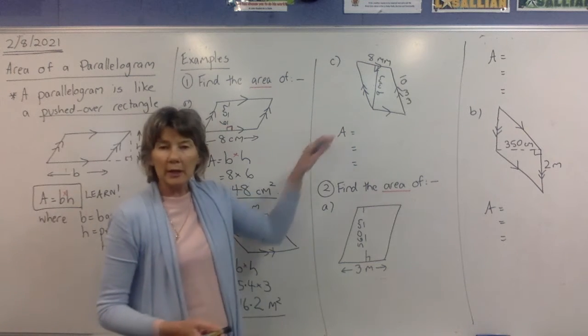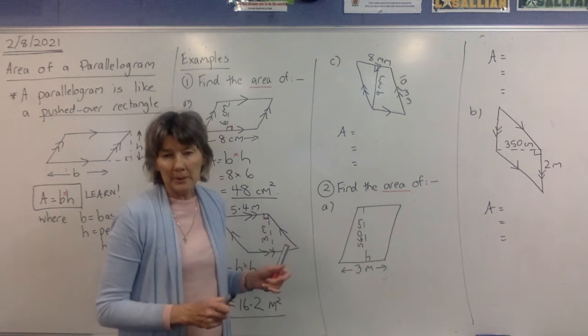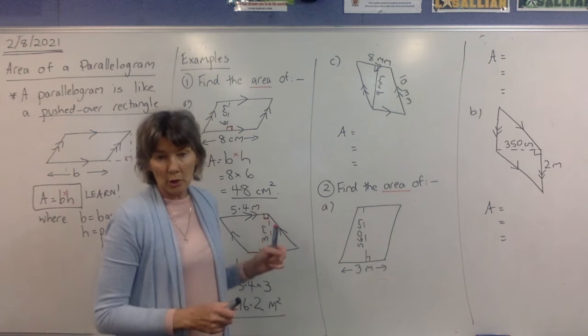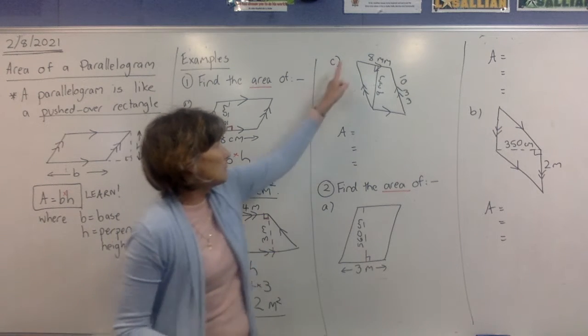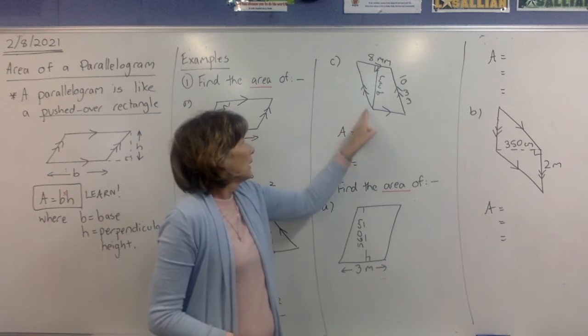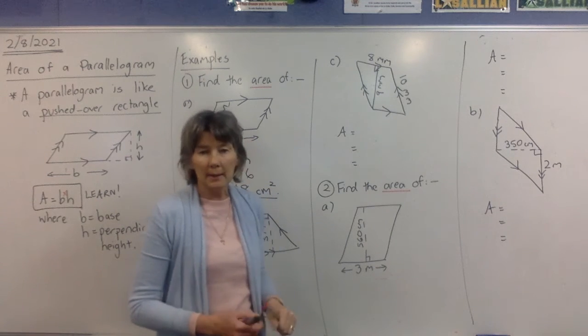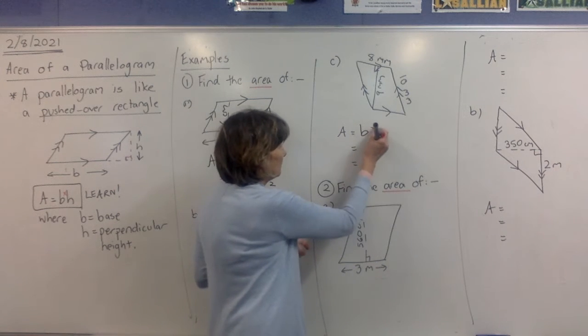Now we're getting into the trickier ones here because they're trying to confuse you. They've given you lots of numbers. We're only going to be using 2 of those numbers. Make sure they're the correct ones. So firstly, it is a parallelogram because we have one pair of parallel sides here and another pair of parallel sides here. So we write down the area of a parallelogram formula.